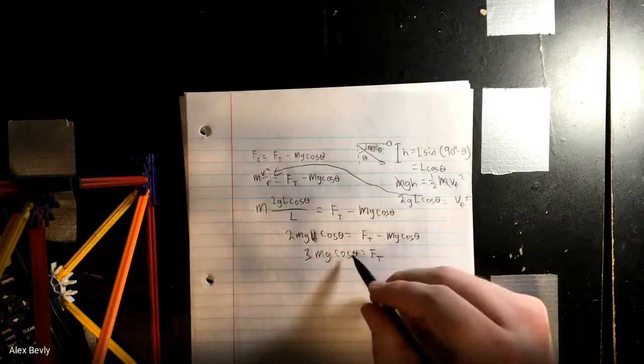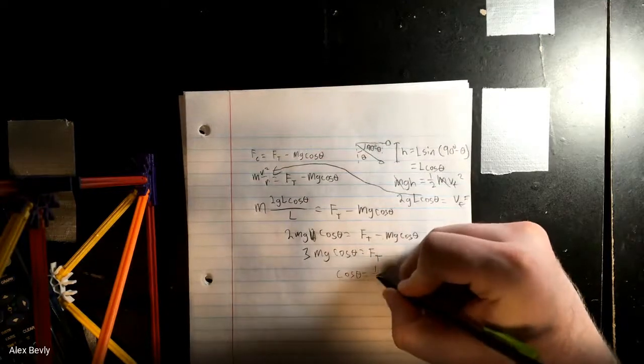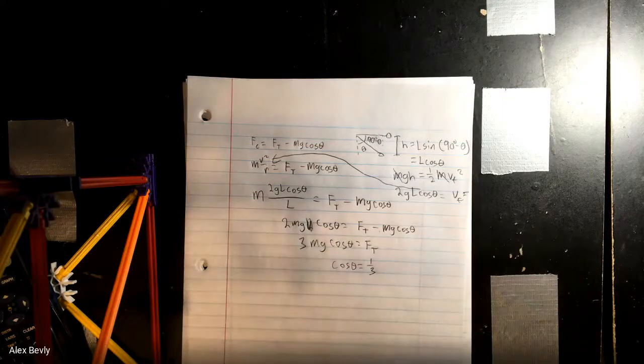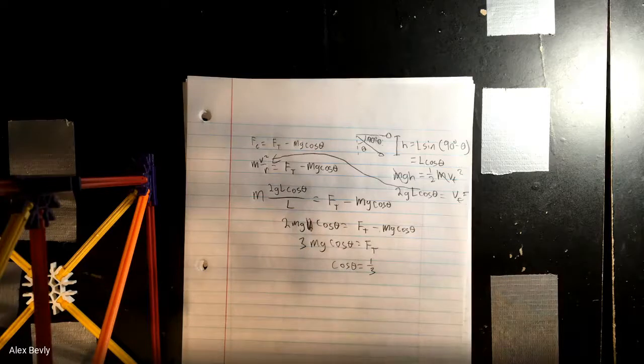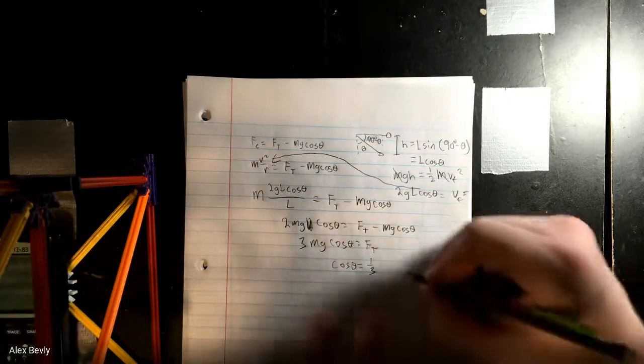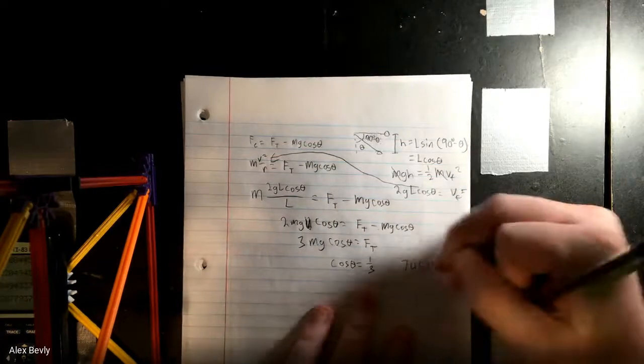And then just solve for it. You would want cosine theta to equal 1/3 in order to get rid of the 3. So it should just be inverse cosine of 1/3, assuming I didn't make a mistake somewhere. About 70.53 degrees, something like that.